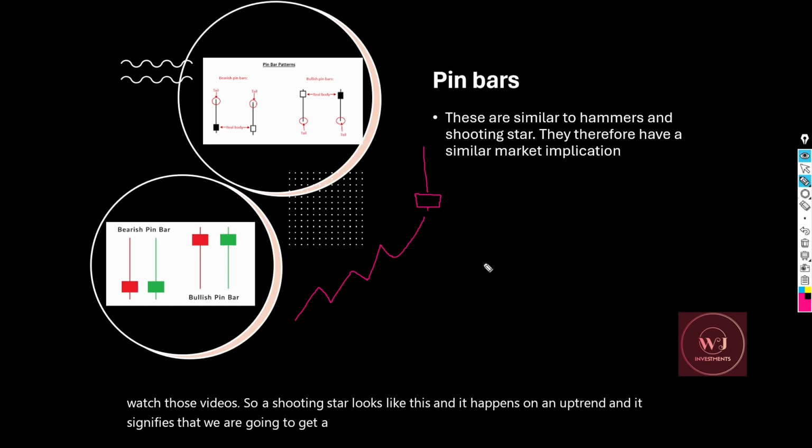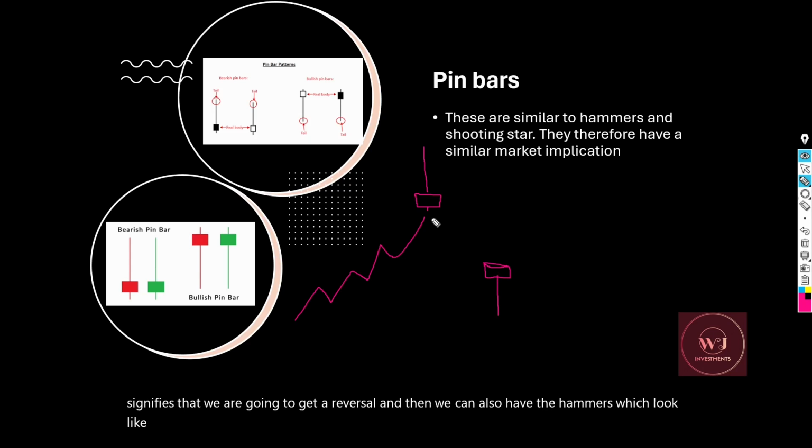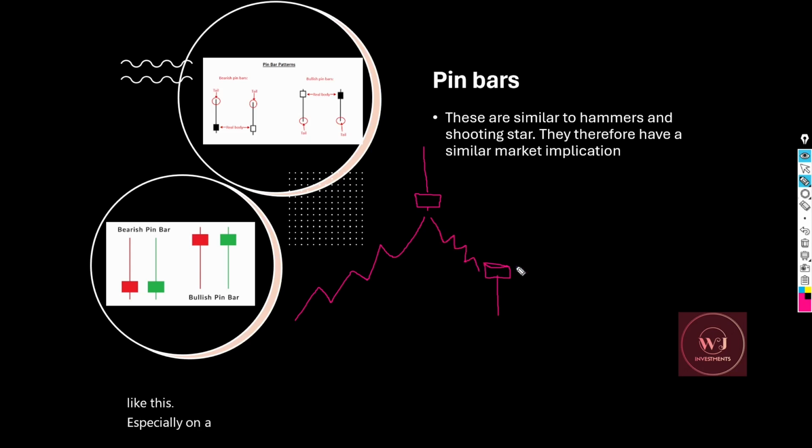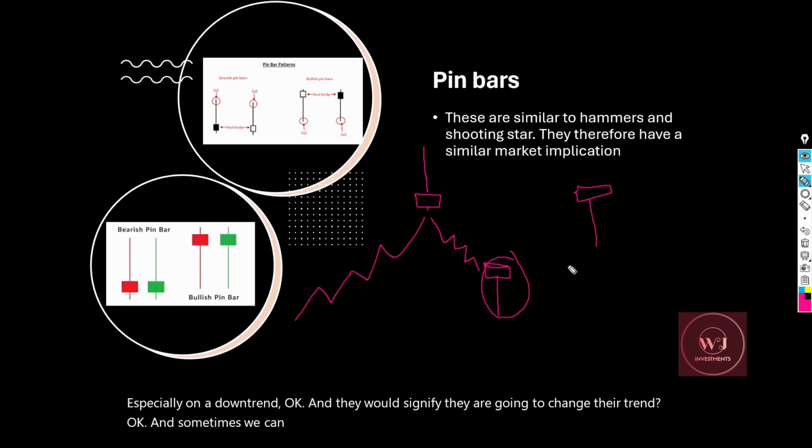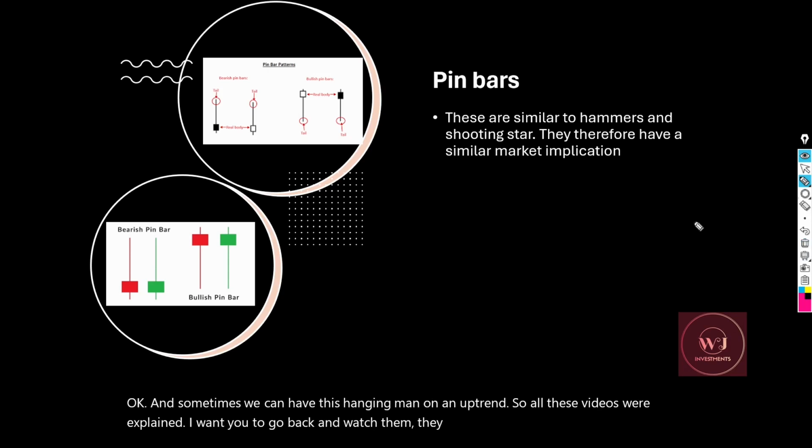Then we can also have hammers, which look like this, especially on a downtrend, and they signify that we are going to change trend. Sometimes we can have this hanging man on an uptrend. All these videos were explained, and I want you to go back and watch them. They look similar to these pin bars.